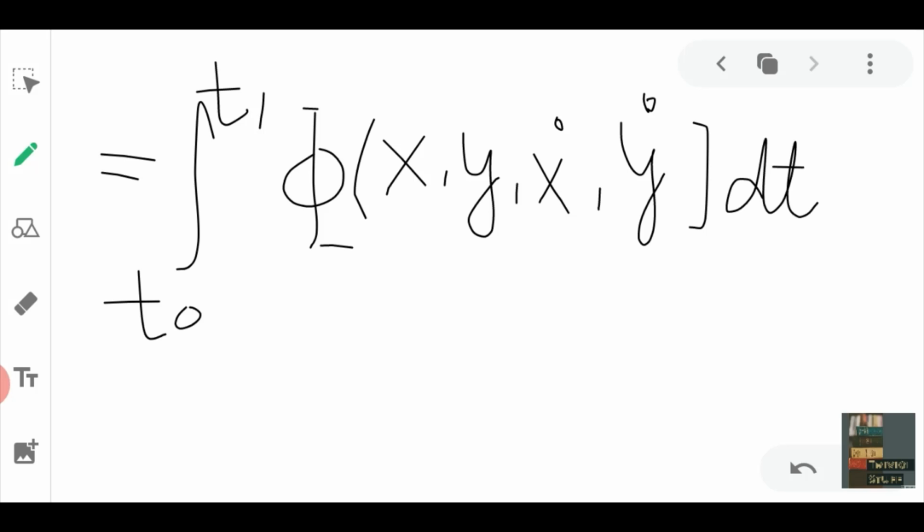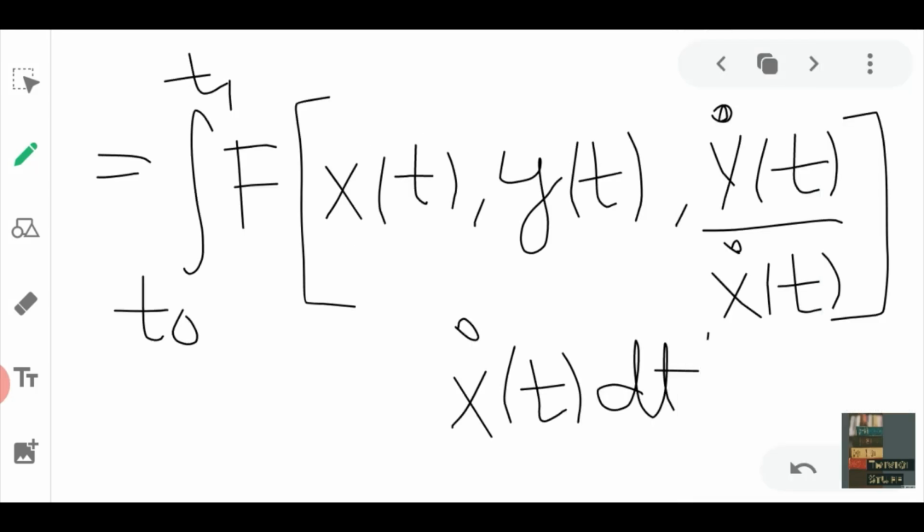This functional depends on two unknown functions x of t and y of t, and phi does not involve t explicitly, and is positive homogeneous of degree 1 in x dot and y dot. That is clear from the form of capital F, because we have a dependence on y dot and x dot as a fraction, so we have y dot upon x dot.